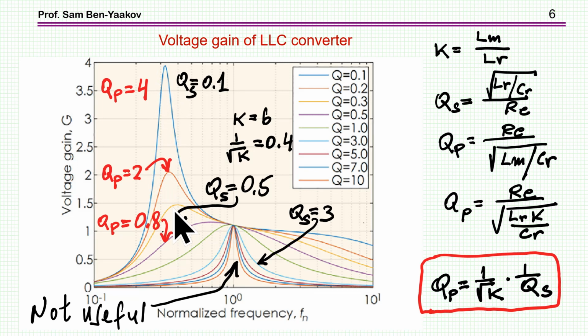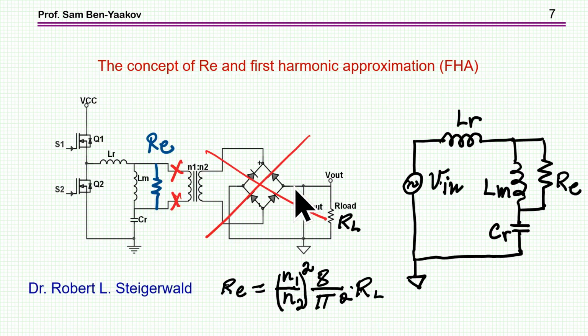But in this presentation, I'm going to forget about this parallel one and just stick to what is very popular today, using this quality factor, which is defined here as the characteristic impedance of L sub R, C sub R over R sub E, where R sub E is the equivalent resistance. I'll talk about it in a minute. So I'm going to relate to this.